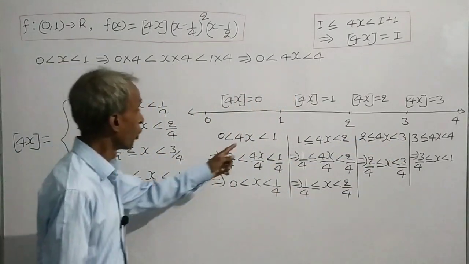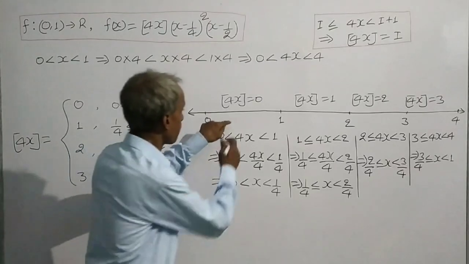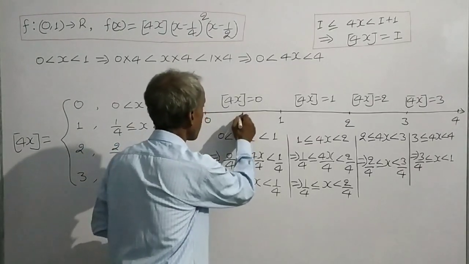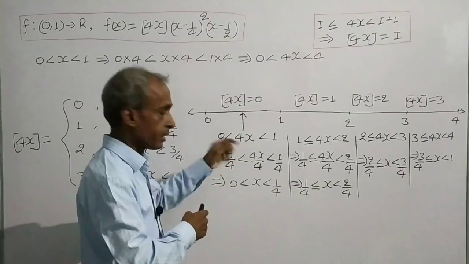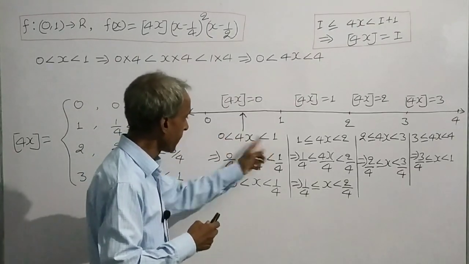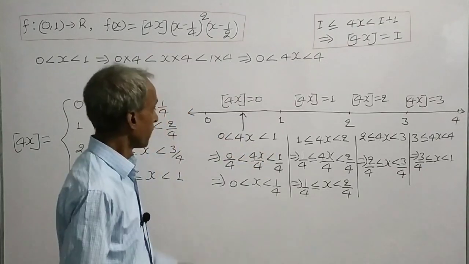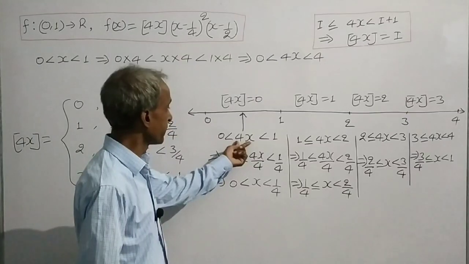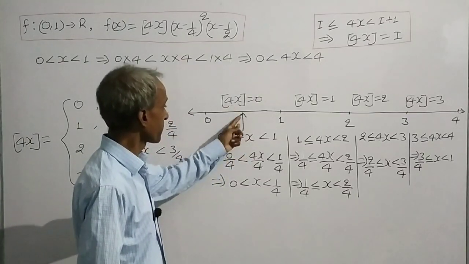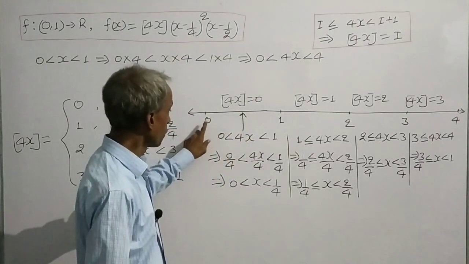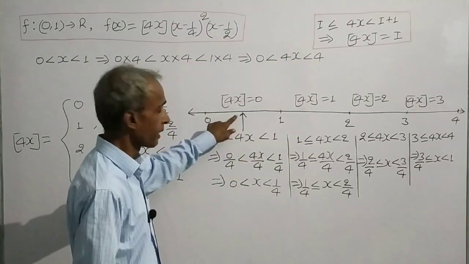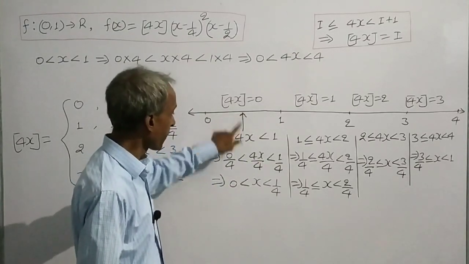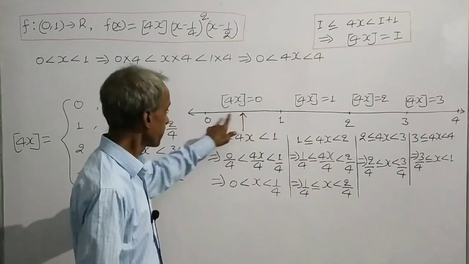When this 4x lies between 0 and 1, then the greatest integer of 4x will be 0, because 0 is the first integer lying on the left hand side of this 4x.